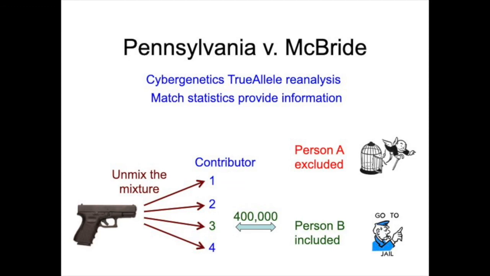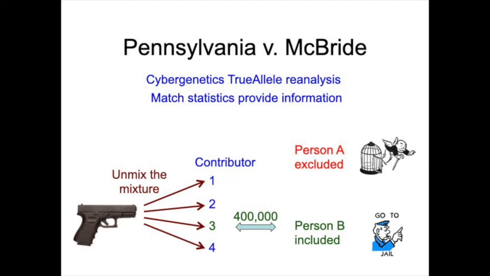This was a case that was interesting in Pennsylvania, where there was a car with 4 people in it. The question is, who is holding on to the gun? The lab couldn't say anything about it. They can't unmix 4-person mixtures, but TrueAllele can. And so we were able to provide a match statistic, about 400,000 to one, for one of the defendants. Imagine you're starting off with multiple defendants and you just don't know.